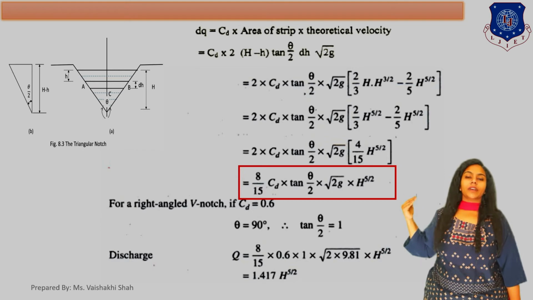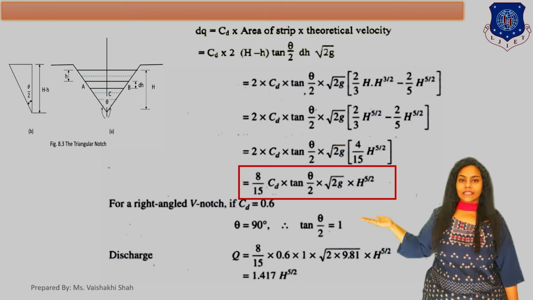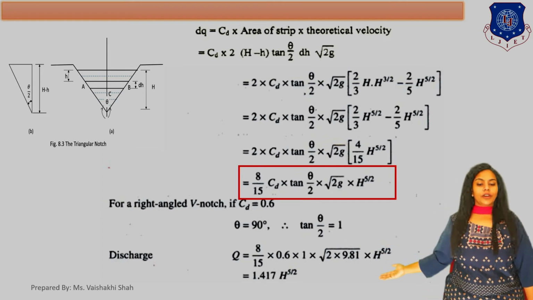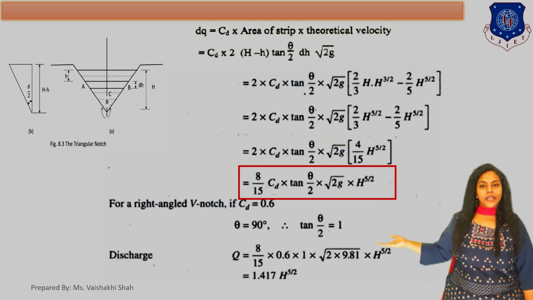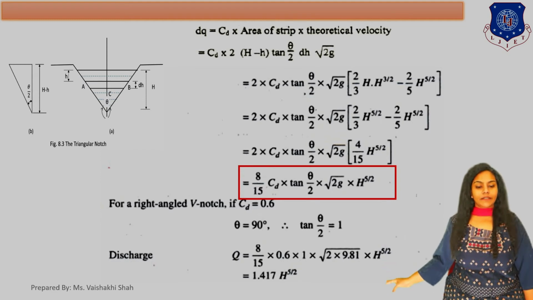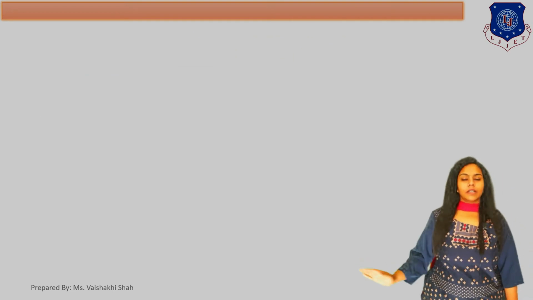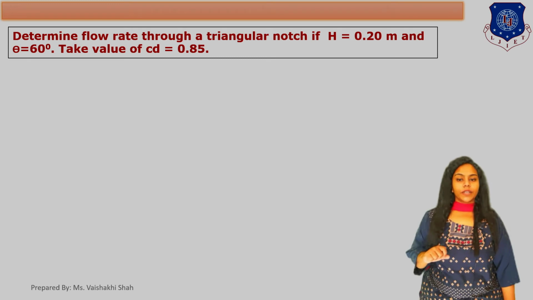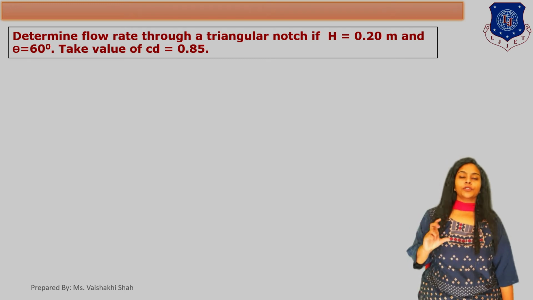Generally we take CD 0.6 and theta 90 degree. So placing the values in the equation, you get Q equals 1.417 H raised to 5 by 2.